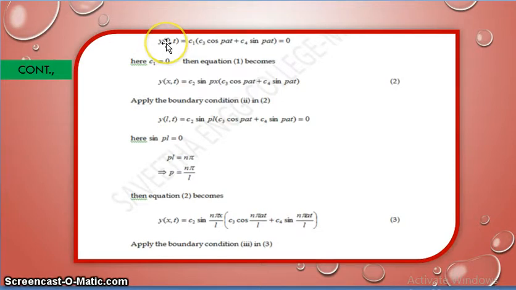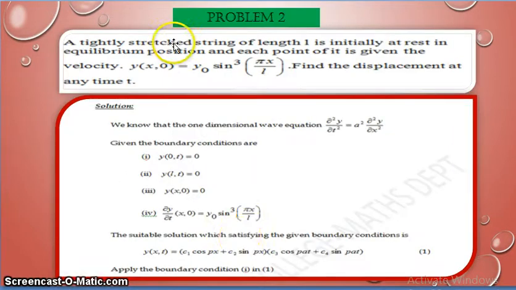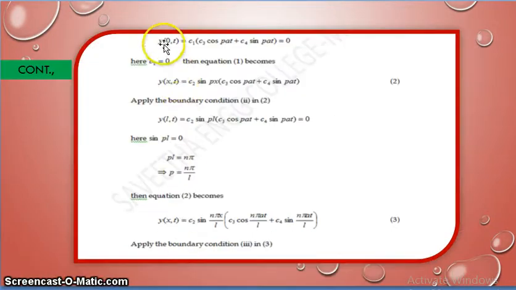Sin 0 is 0, and cos 0 is 1, so we get c1. Therefore y of 0 comma t equal to c1 into c3 cos pat plus c4 sin pat equal to 0. So c1 is 0, because if the other factor is 0 the whole solution vanishes. Therefore c1 is 0.